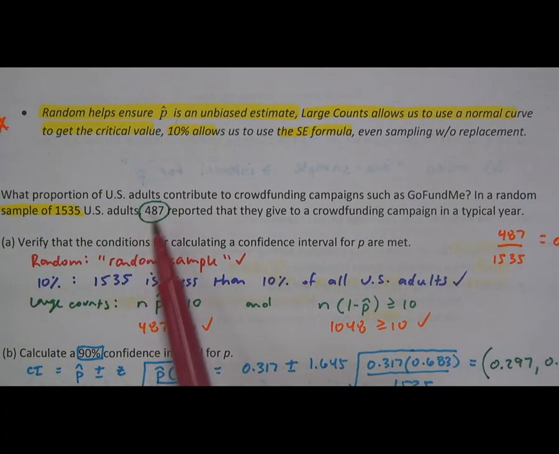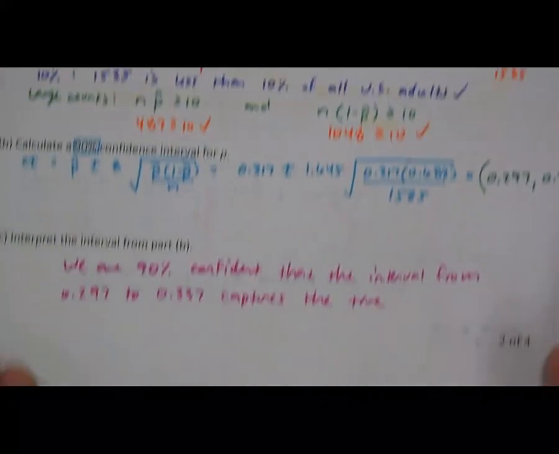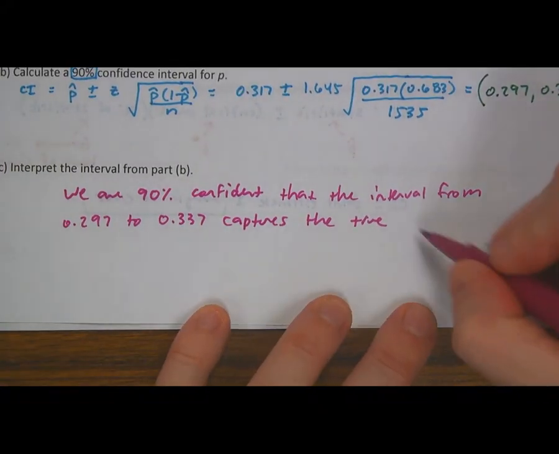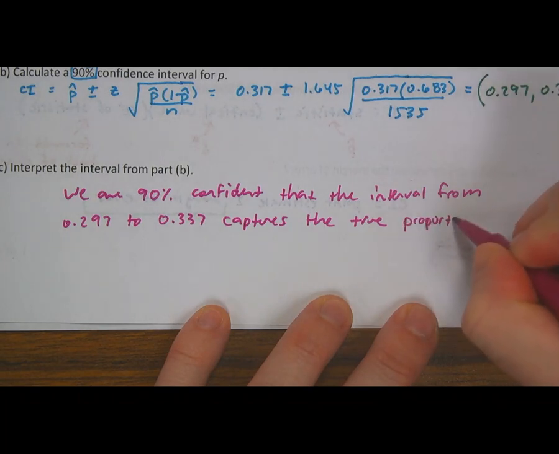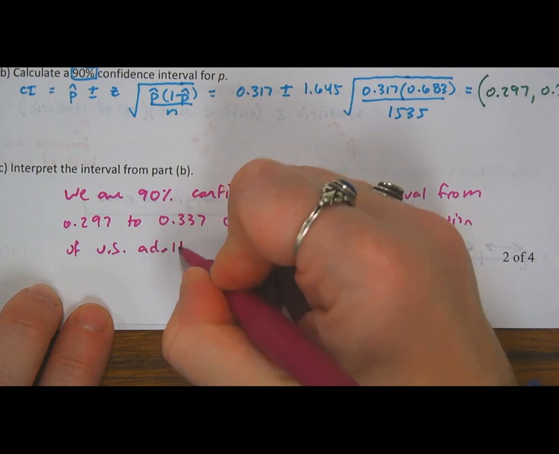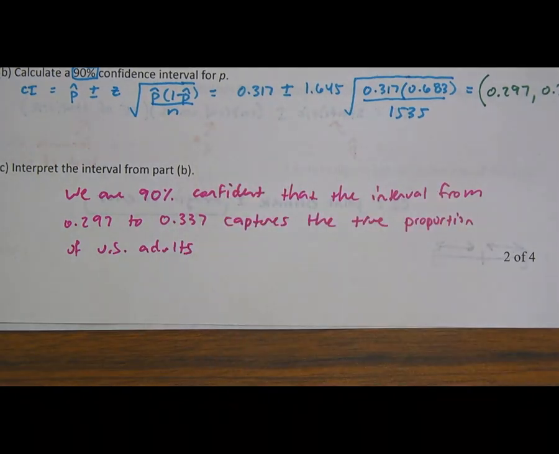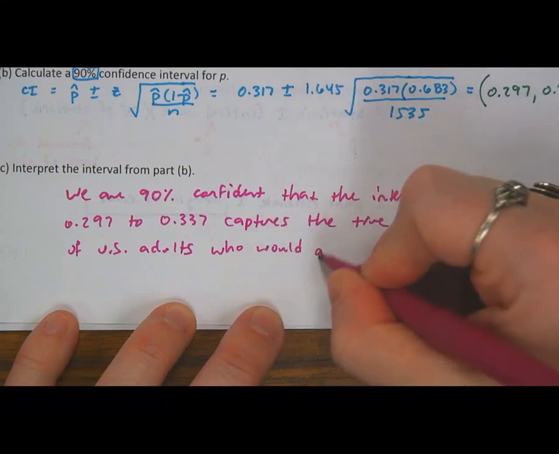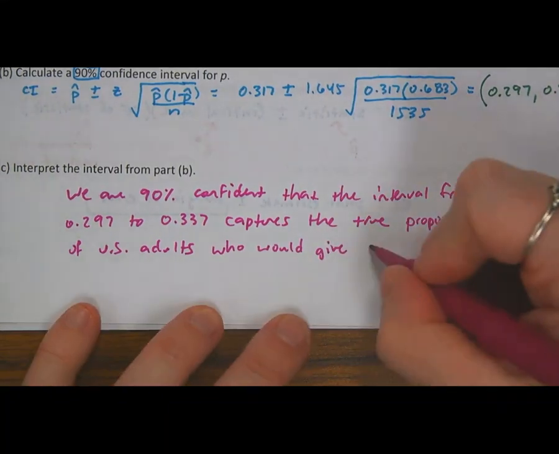We already know how many said that they did give. So when you're wording it down here, be sure you understand it captures the true proportion of U.S. adults who would give to crowdfunding campaigns.